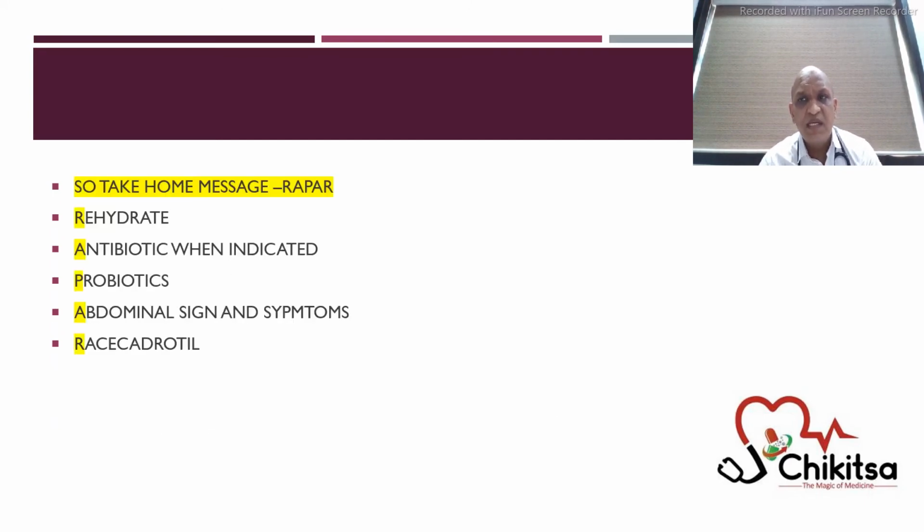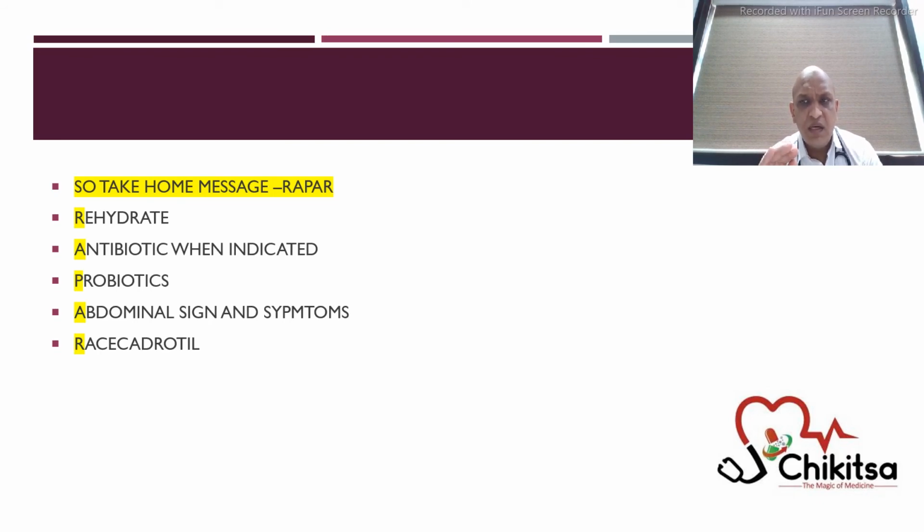So basically, for diarrhea, the take home message is normally you just rehydrate the patient and the patient can be fine. If needed, you add antibiotics. That is your second point. Third thing you can add is probiotics in the natural form, curd, or maybe Enterogermina, that is Bacillus clausii, and lots of such preparations are available.